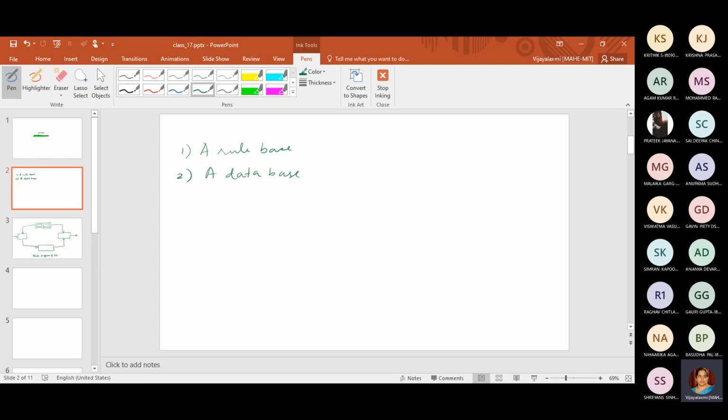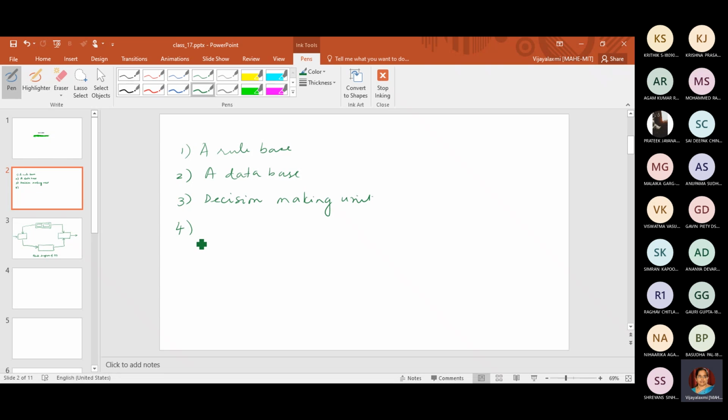The third one is a decision-making unit. This performs operations on the rules.